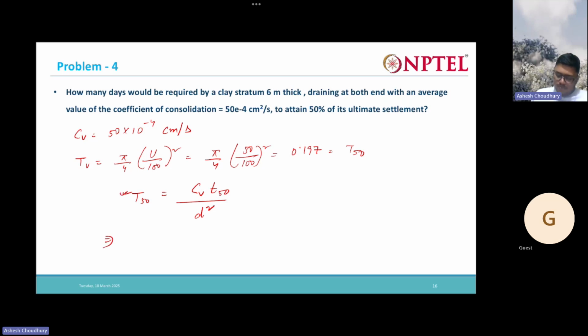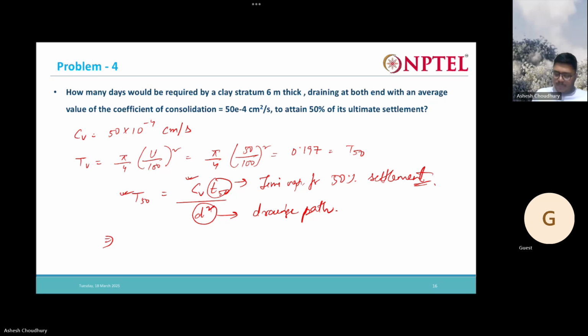This T50 I know, CV I know. This is the drainage path, and this is the time required for 50% settlement.